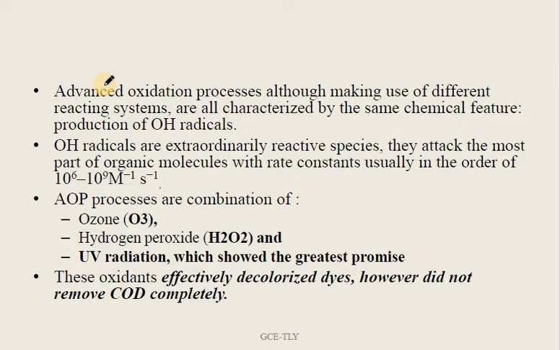Advanced oxidation processes, although they make use of different reacting systems, are all characterized by the same chemical feature, which is production of OH radical, and this OH radical is highly reactive and has a high rate constant. This AOP process is a combination of ozone, hydrogen peroxide and UV, as I said earlier, and these oxidants effectively decolorize dyes. However, it did not remove the COD completely.